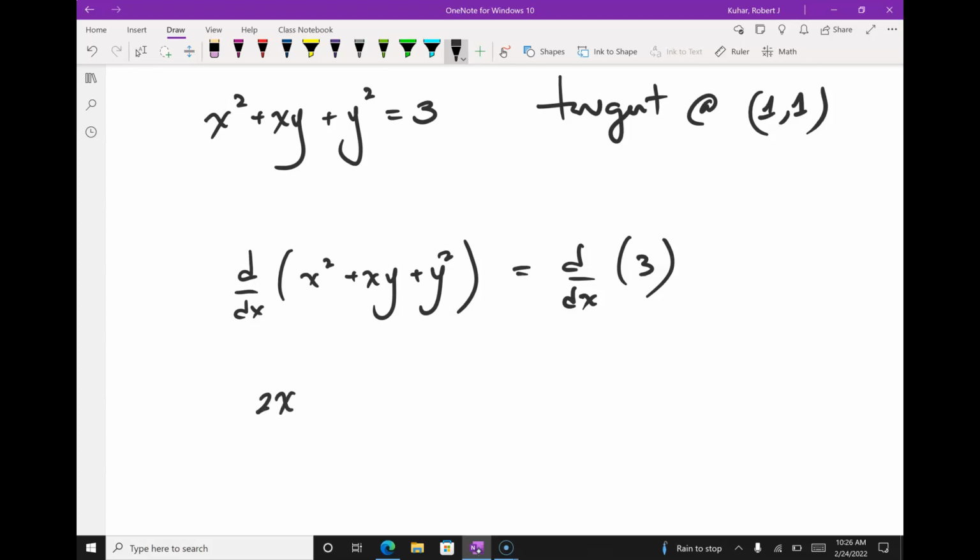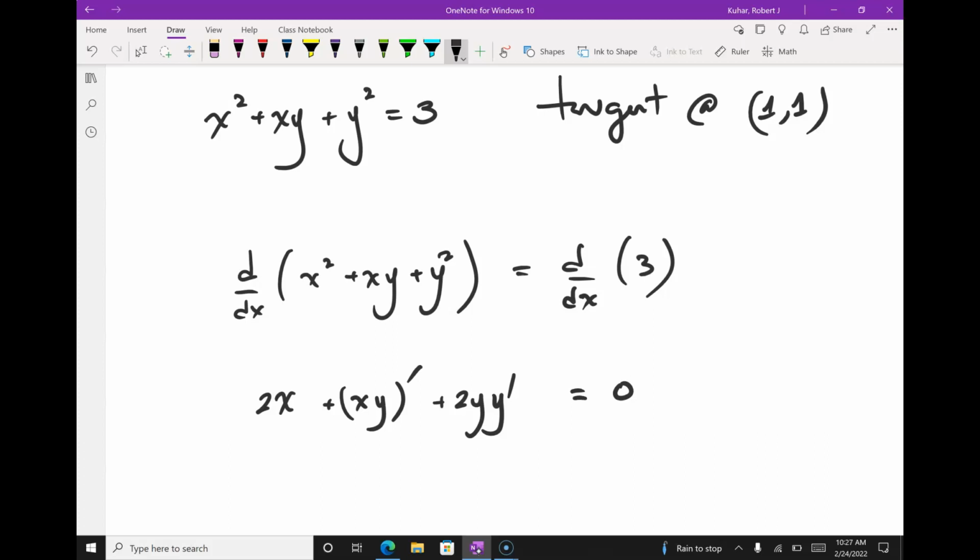It's 2x, yes? Then I need an xy prime, right? I'm going to wait on that. But the last one I can do right away, 2y prime. Do we agree there? Right, so derivative of x squared is 2x. Derivative of y squared is 2y prime, right?